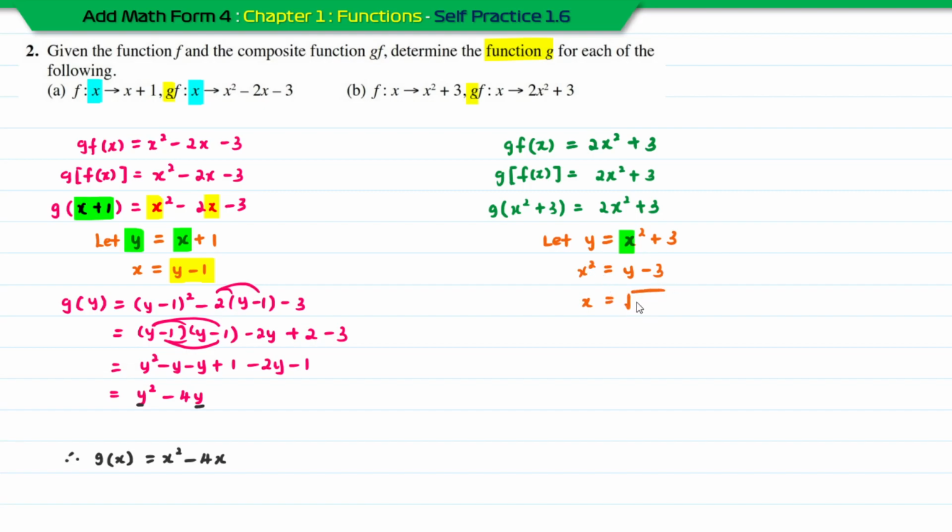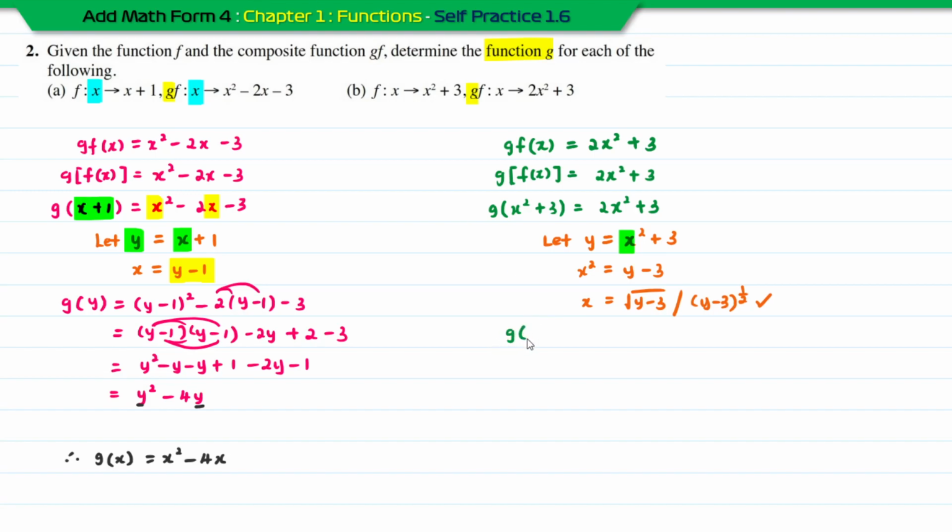It becomes the square root of y minus 3, or I can also write it in the form of a power. The square root is the same as the power of 1 over 2. Later on, I'm going to use this form as it is easier. Now let us continue, going back to these parts here.